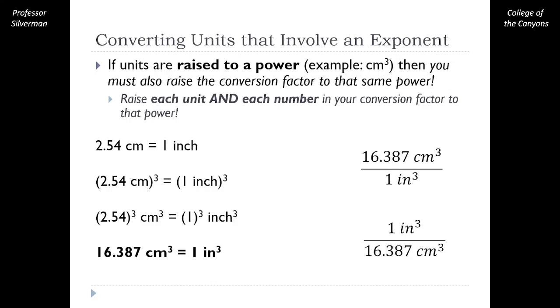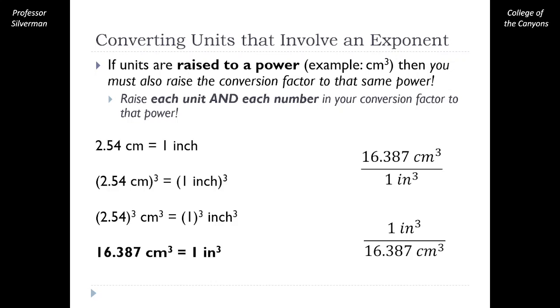Okay, and finally, we have one last wrinkle that we can introduce into our conversion strategies. Sometimes we are doing conversions where our units have exponents, which means we can't just use our regular conversion because all of those units won't cancel.